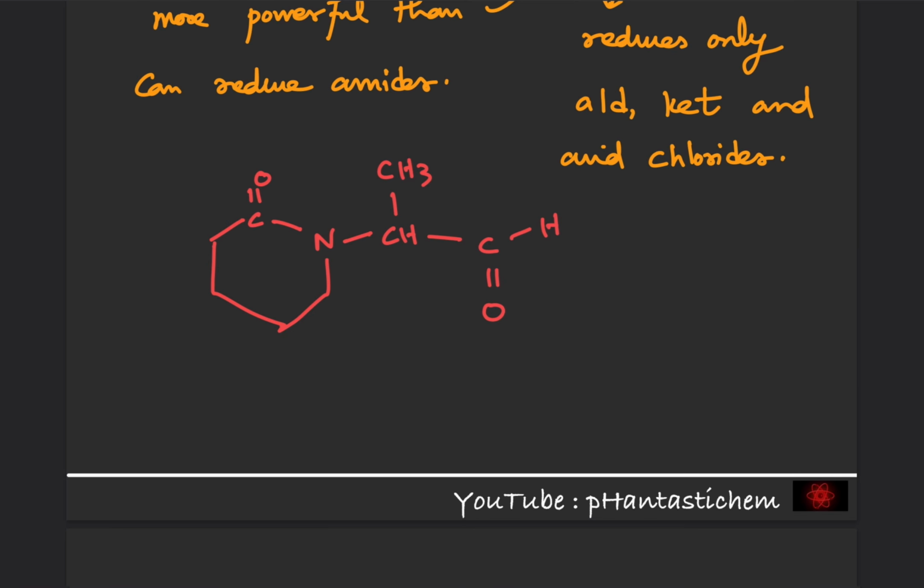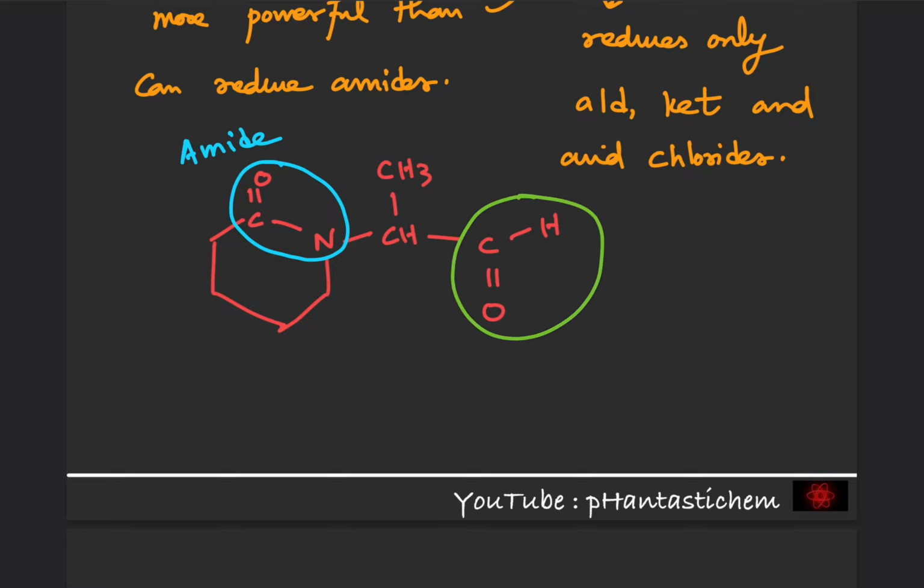A carbonyl group linked to a nitrogen, so this is the amide functional group, and a CHO group, C double bond O H, which is the aldehyde group.